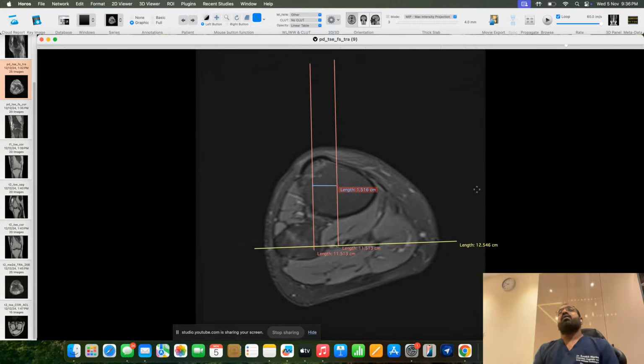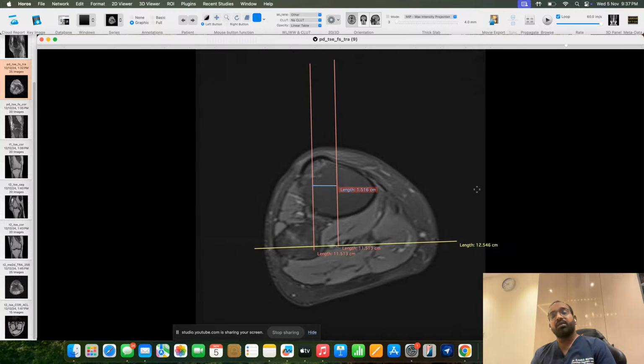Usually we measure the TT-TG distance mostly on CT films. We can do it on MR, but the value will be 2 to 3 mm lesser than the CT value. On CT, up to 15 is normal, 15 to 20 is borderline, and more than 20 is abnormal.